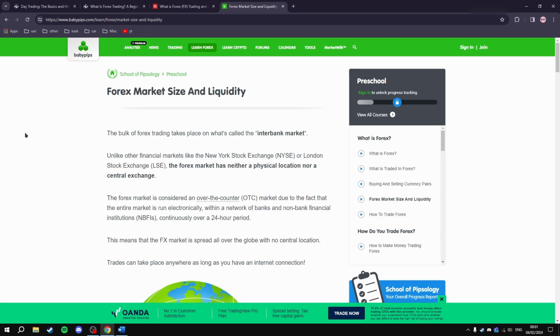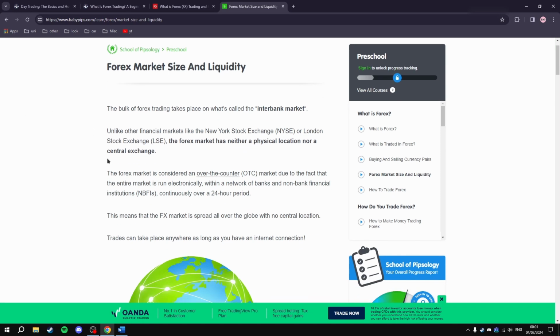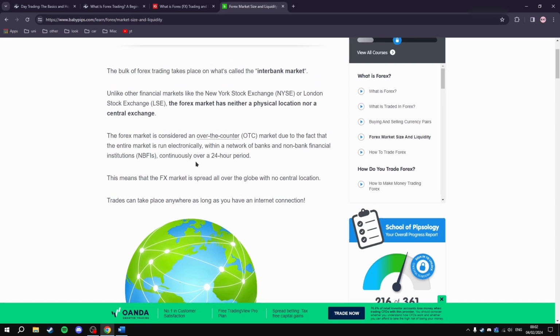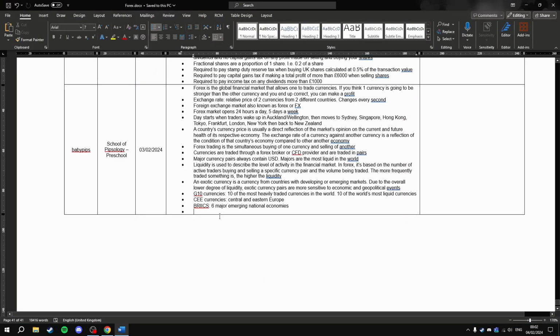The bulk of Forex trading takes place on what's called the interbank market. Unlike other financial markets like the New York Stock Exchange or London Stock Exchange, the Forex market has neither a physical location nor a central exchange.